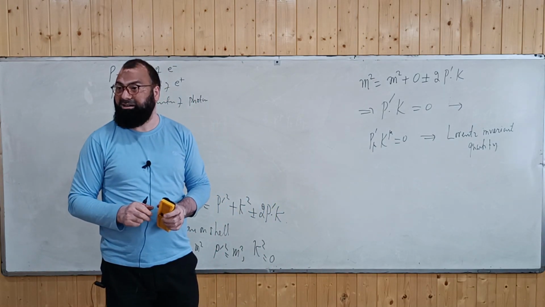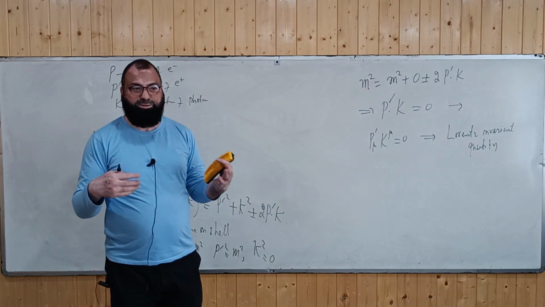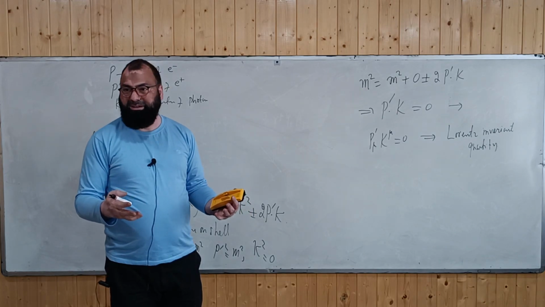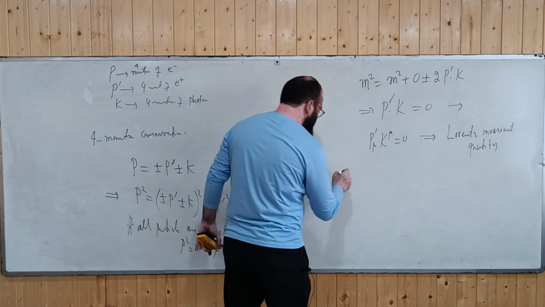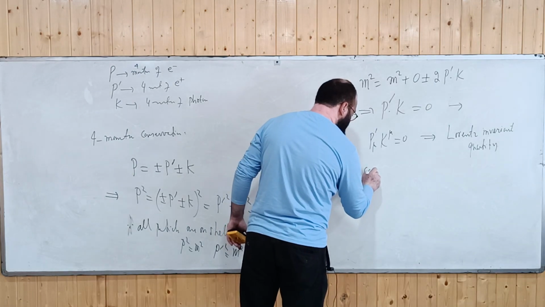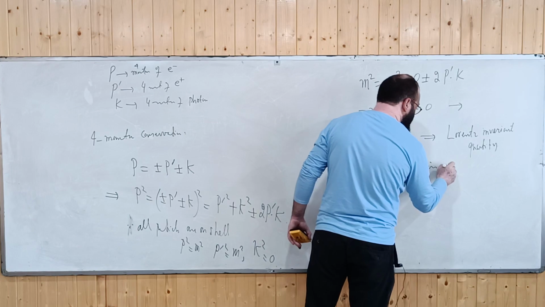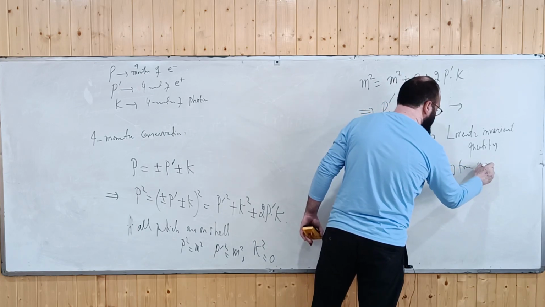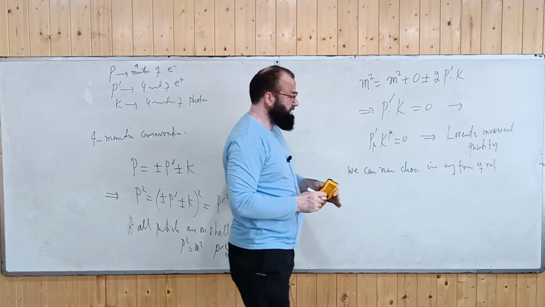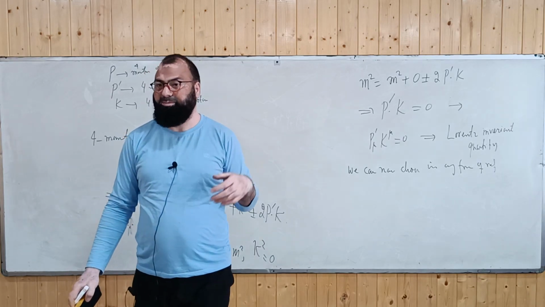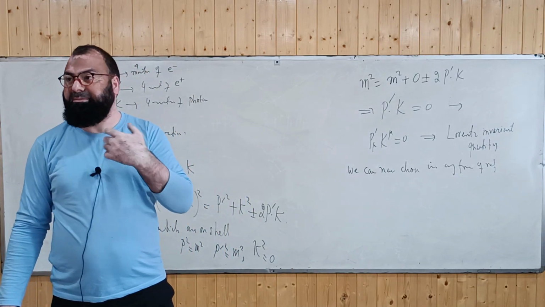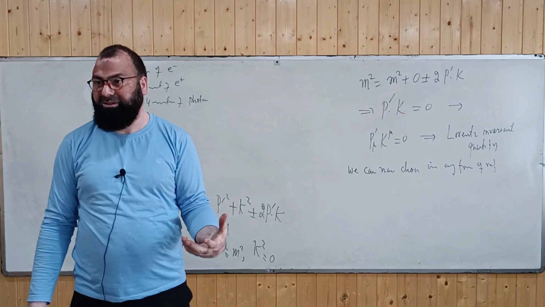When something is invariant under Lorentz transformation, that means I can choose any frame. So let's choose a frame of reference. We can now choose any frame of reference. Why? Because this dot product is a Lorentz invariant quantity, it means it's independent of frame of reference.